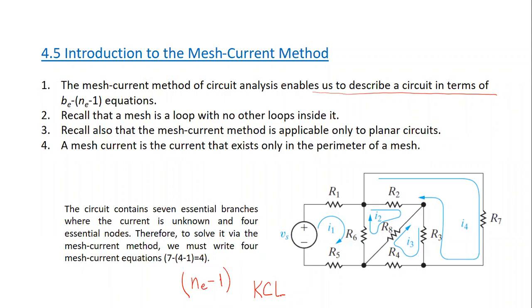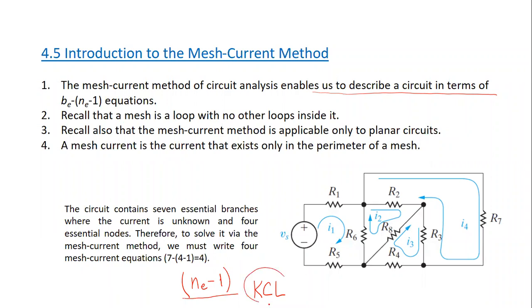Of course, we don't mention the special cases, when you have a voltage source connected to the reference node, or when you have a voltage source connected between two essential nodes. That will be a supernode. So the number of equations in the nodal voltages analysis is equal to NE minus 1.